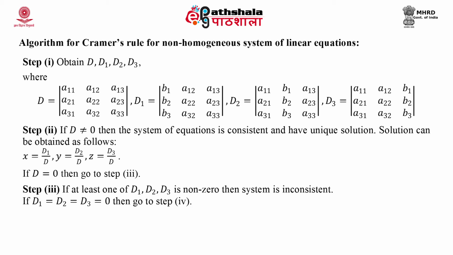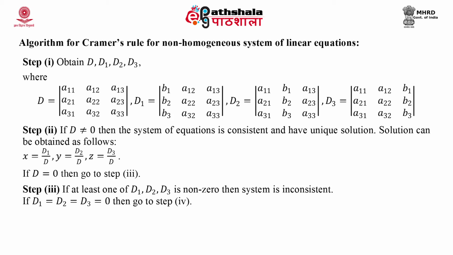Now, the algorithm for Cramer's rule for a non-homogeneous system of linear equations, that is, the right hand side of the system will not be 0. Step 1, obtain D, D1, D2, D3, where D is given by this expression, that is, the determinant of the coefficient matrix, D1 is given by this expression, D2 by this, and D3 by this expression.